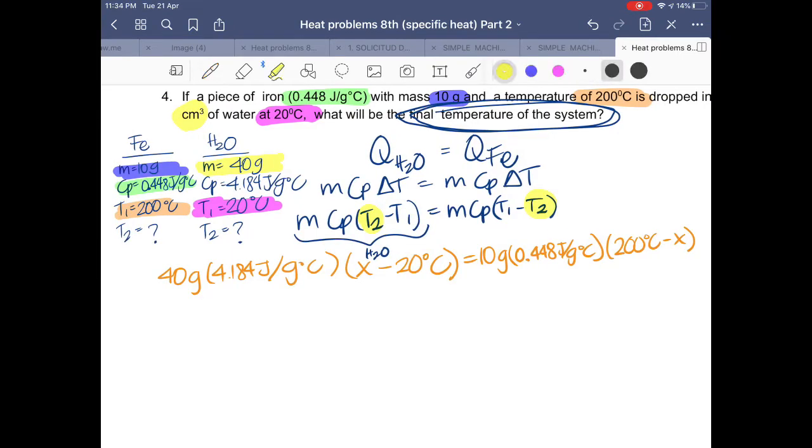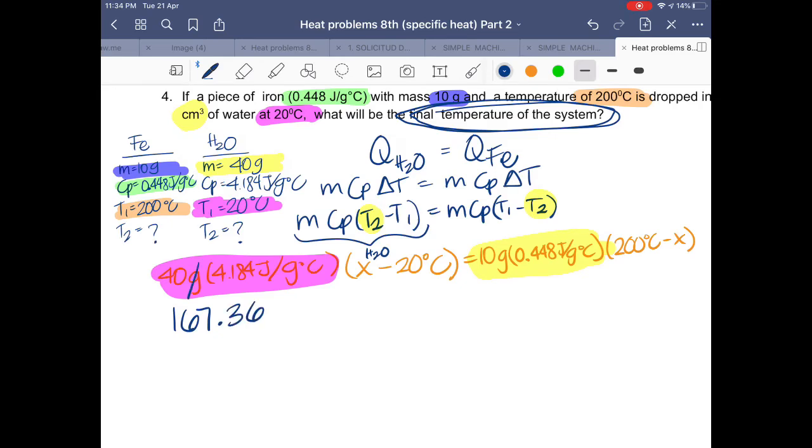So the next thing that we need to do will be to multiply this part right here and multiply this part right here and copy it again. It is 167.36.